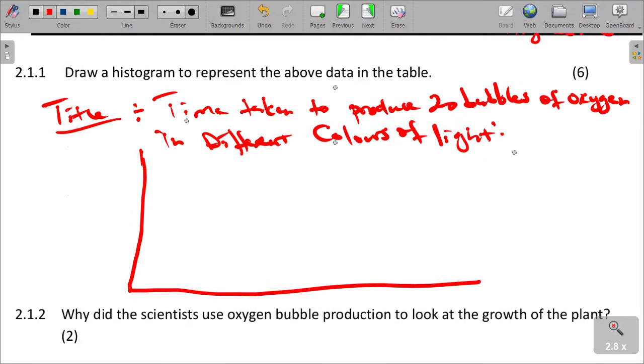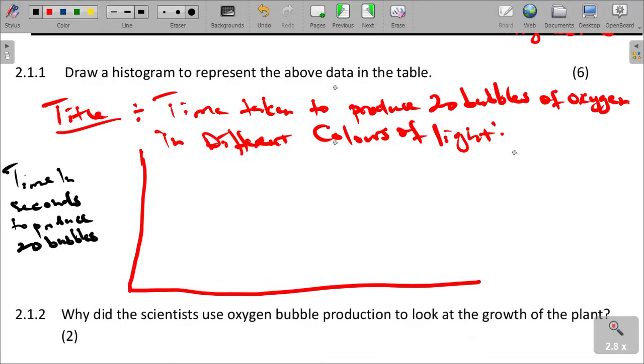We have got time in seconds on the vertical axis. Time in seconds to release, to produce 20 bubbles, is on our vertical axis.